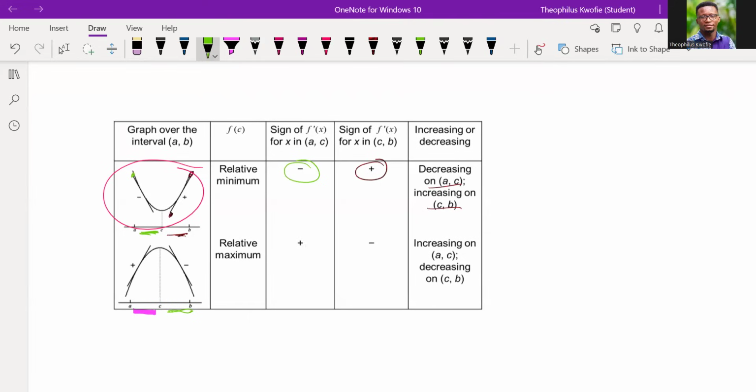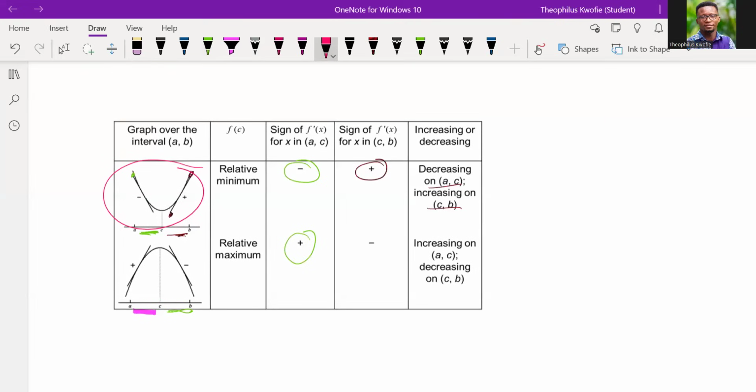So what can we draw from this graph? We kind of see that the f prime of x is also known as the slope. The slope within the interval AC was increasing, and that's why we have this positive sign, right? Good.